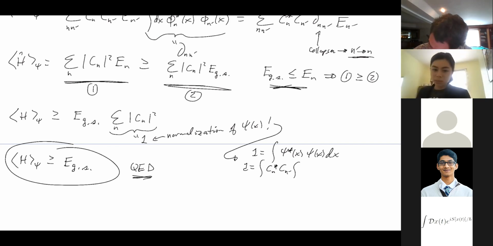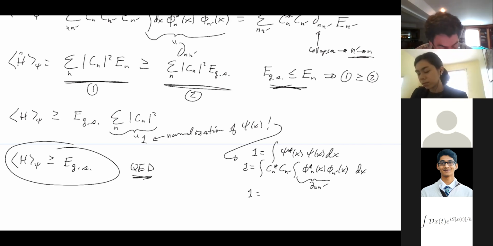I'm skipping a few steps, but I just want to write this in for you. This becomes delta_n n prime, and so we have 1. Oops, I forgot the sum over n prime. So that's just a little lightning proof of that 1. You guys can look at that. Okay, so we've proved it.